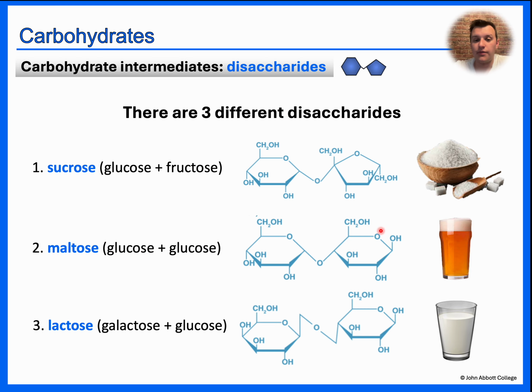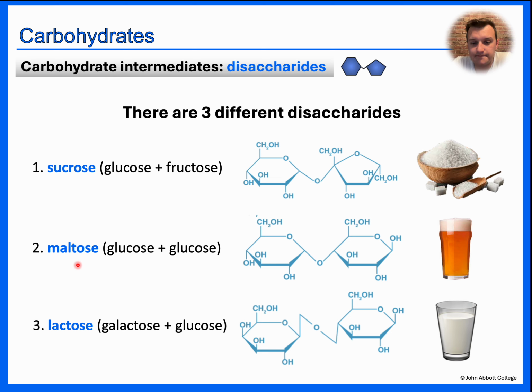Now, there are 3 different disaccharides that are possible. Sucrose is a disaccharide. This is sucrose, and it is a glucose and a fructose that combine together. This is table sugar. Sucre in French is table sugar.